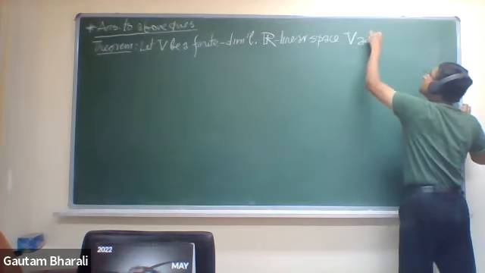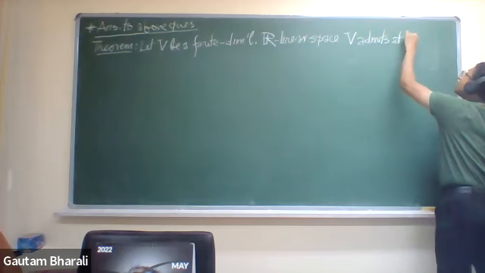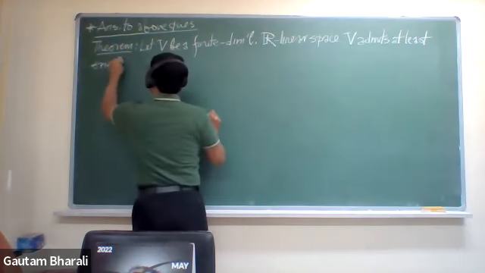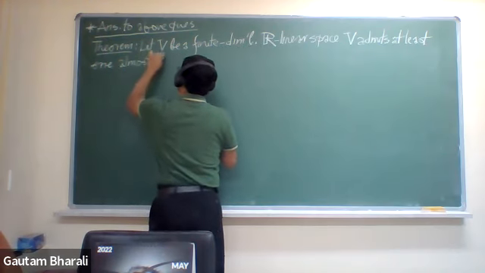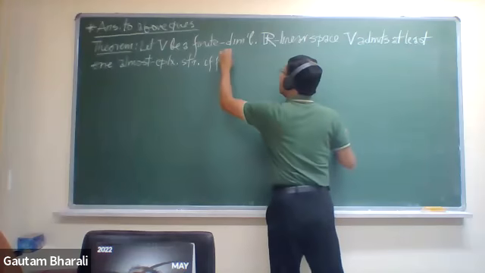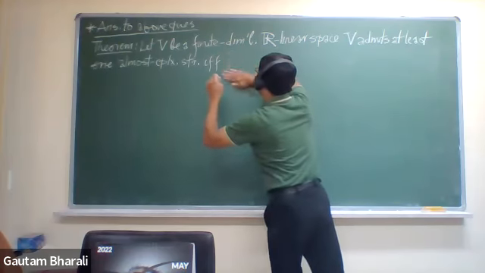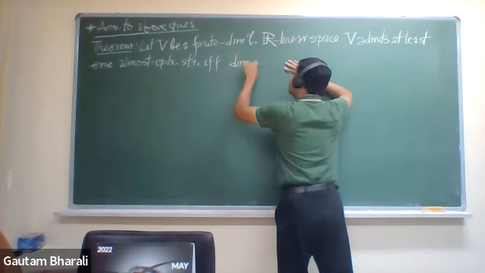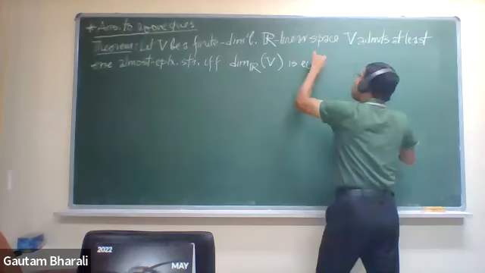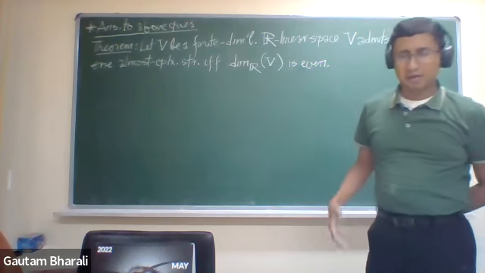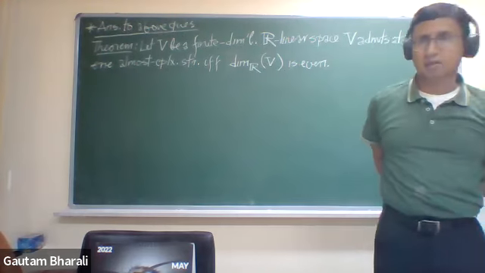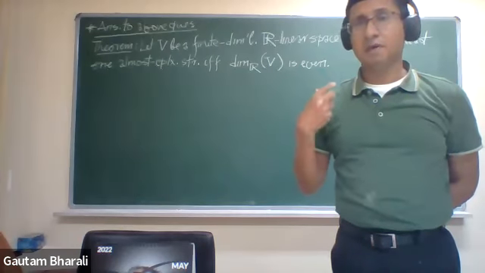V admits at least one almost complex structure if and only if the dimension of V is even, and I must stress that the field here is a special one, it is R. So you see, when we had looked at our first example of an almost complex structure, it had been defined on R^2d, on a real vector space of even dimension.